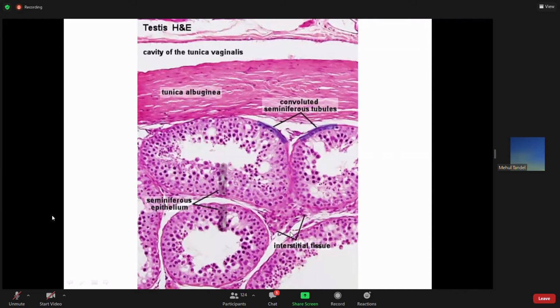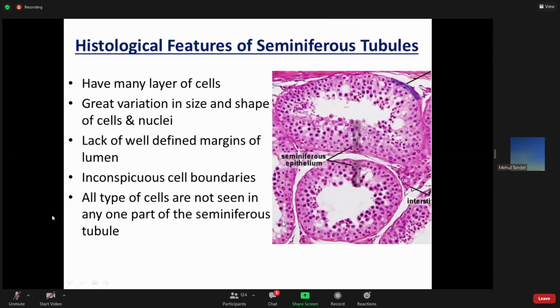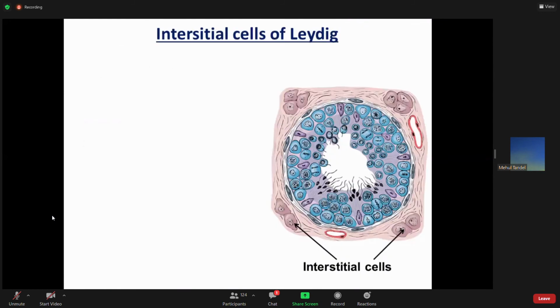Or, if tunica albuginea is seen, you can write that tunica albuginea is also seen. Various sections of seminiferous tubules are seen containing spermatogenic and Sertoli cells, and in between there is interstitial tissue with interstitial cells of Leydig. So that is about the identifying features of the testis.